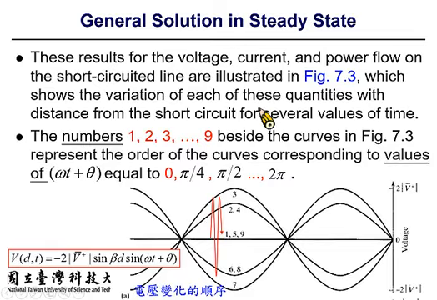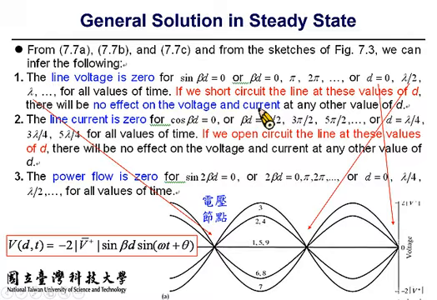So the voltage minimum, which are the nodes, and voltage maximum will appear alternately along the transmission line with a complete standing wave. This node refers to the voltage node, which is satisfied as sine beta d equals 0.